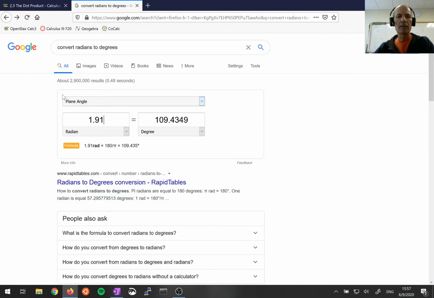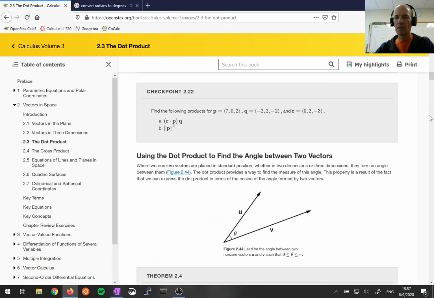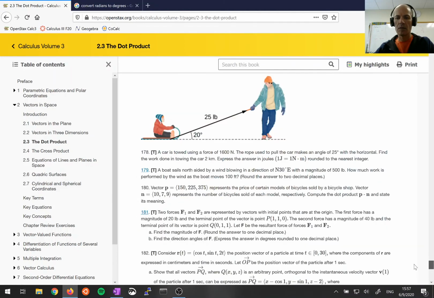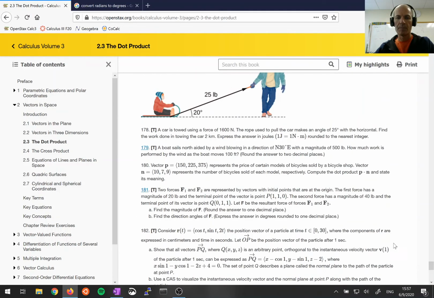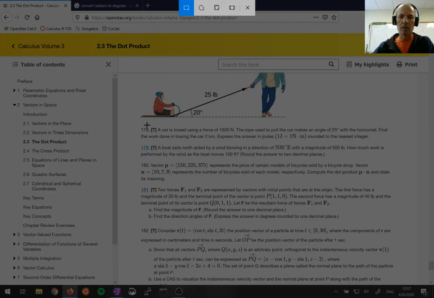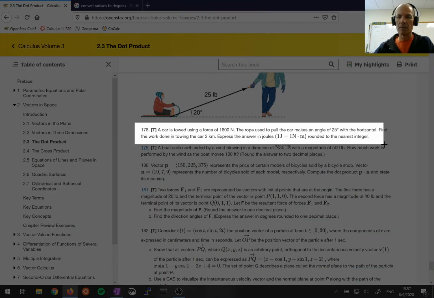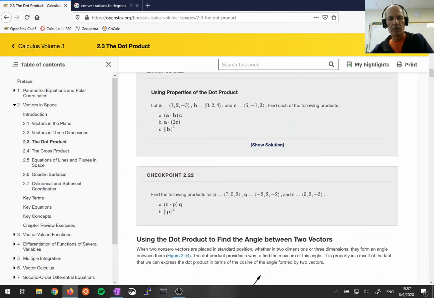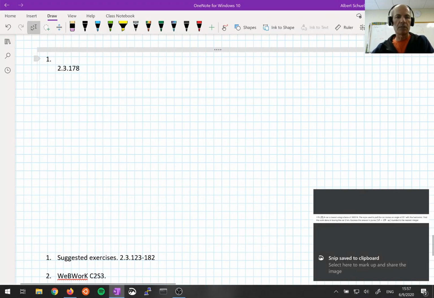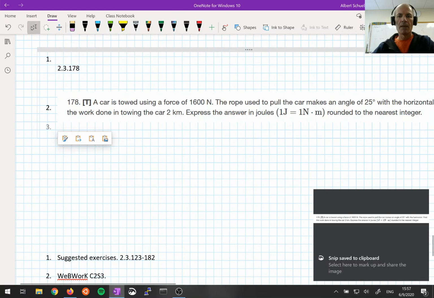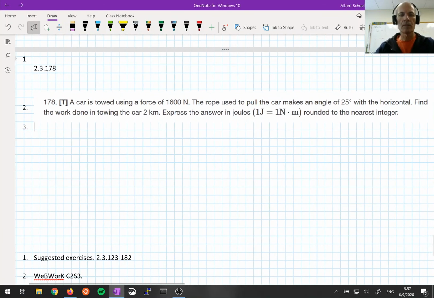So in 178, we've got a car that's being towed under a force of 1,600 newtons. And we want to find the work done if we tow the car 2 miles.